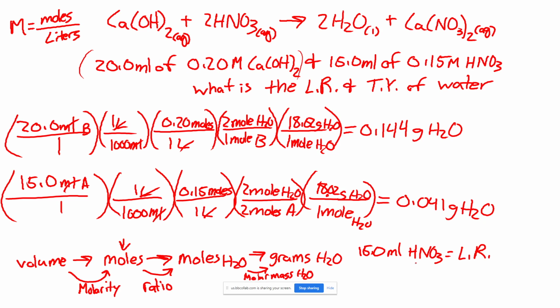But the acid is the limiting reactant, but the theoretical yield is not 15 mils of HNO3. The theoretical yield is how much of the product is made when the limiting reactant is used up. And so the theoretical yield is 0.041 grams of H2O.